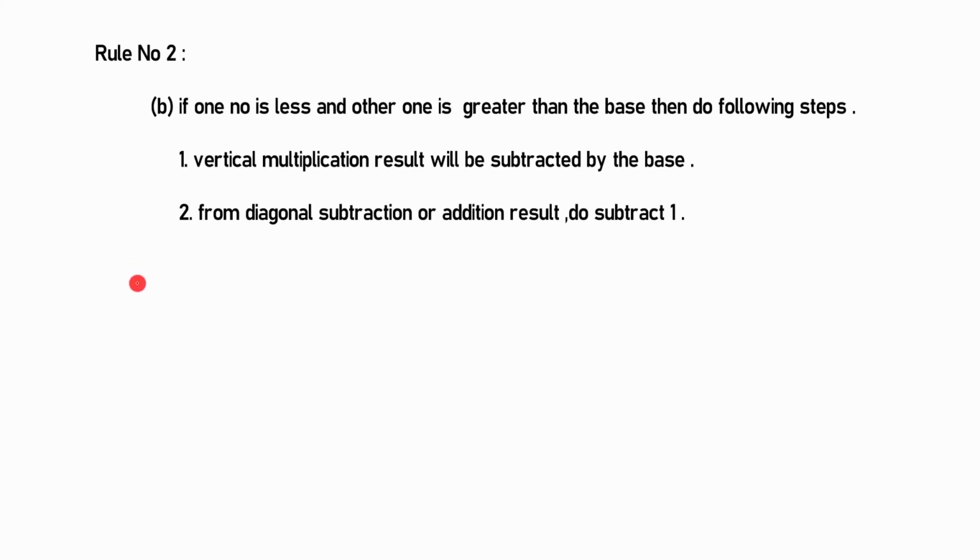So we have to multiply 96 into 108. One number is less than 100, that is 96, and the other is 108, that is greater than 100. Base is 100 here because both numbers are near to 100.